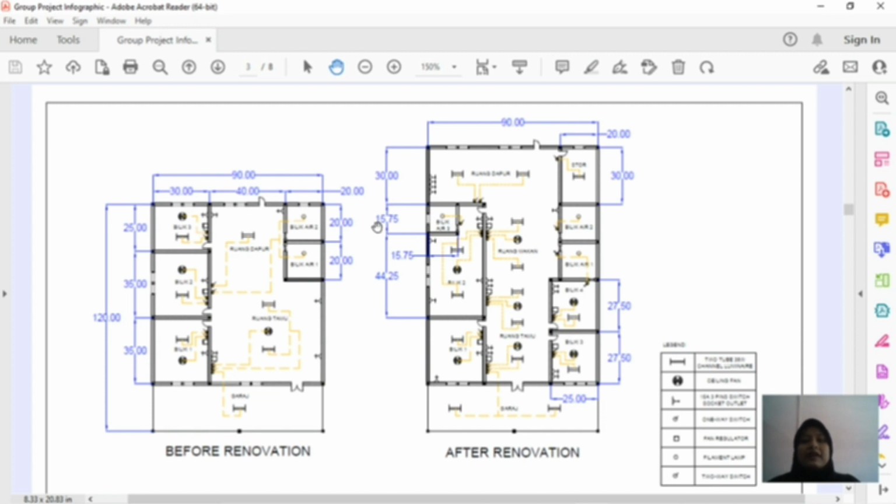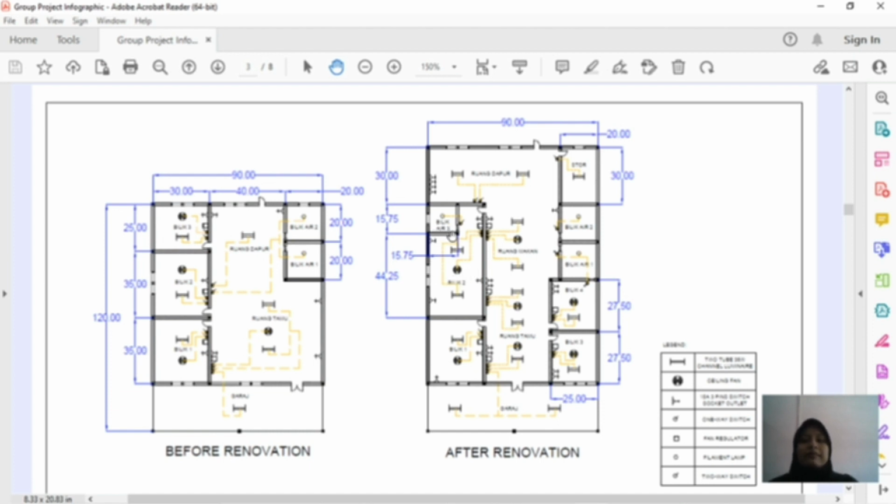For bilik air, we add 15.75 mm. So for the electric components in bilik 2, we have 4 socket outlets, 2 units of 2 tube 38 channel luminaire, and 1 ceiling fan.